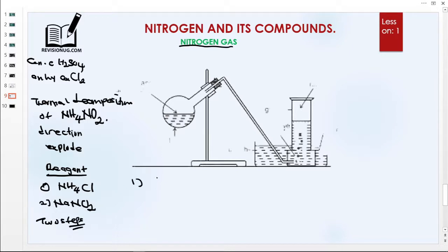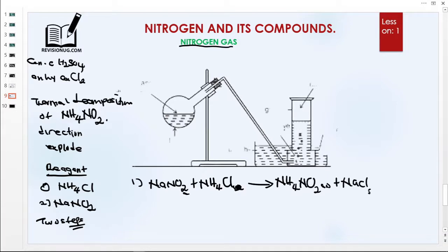Step number 1, that is the reaction between sodium nitrite with ammonium chloride. They are all aqueous. Then we are going to get ammonium nitrite plus sodium chloride.